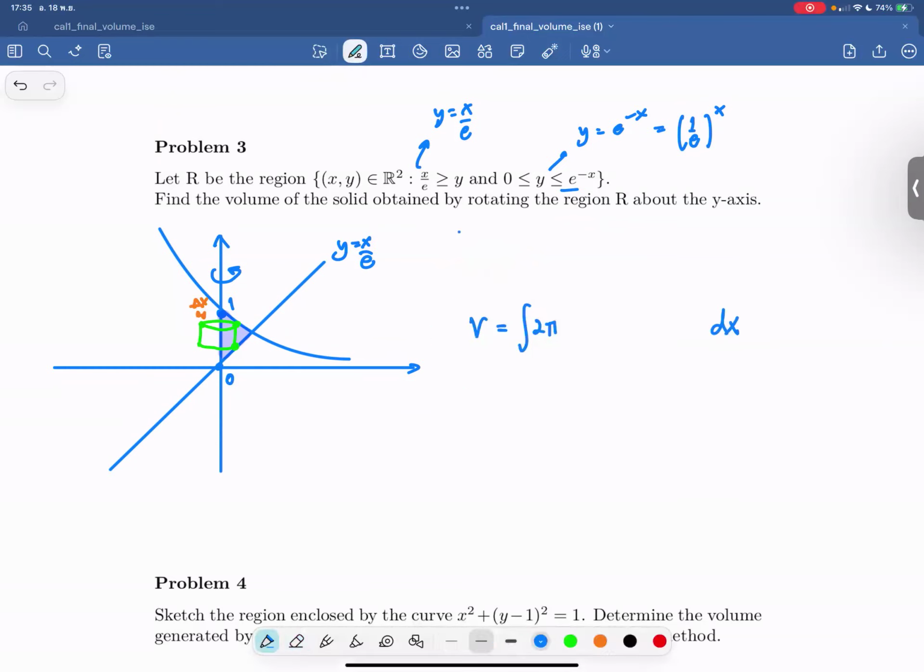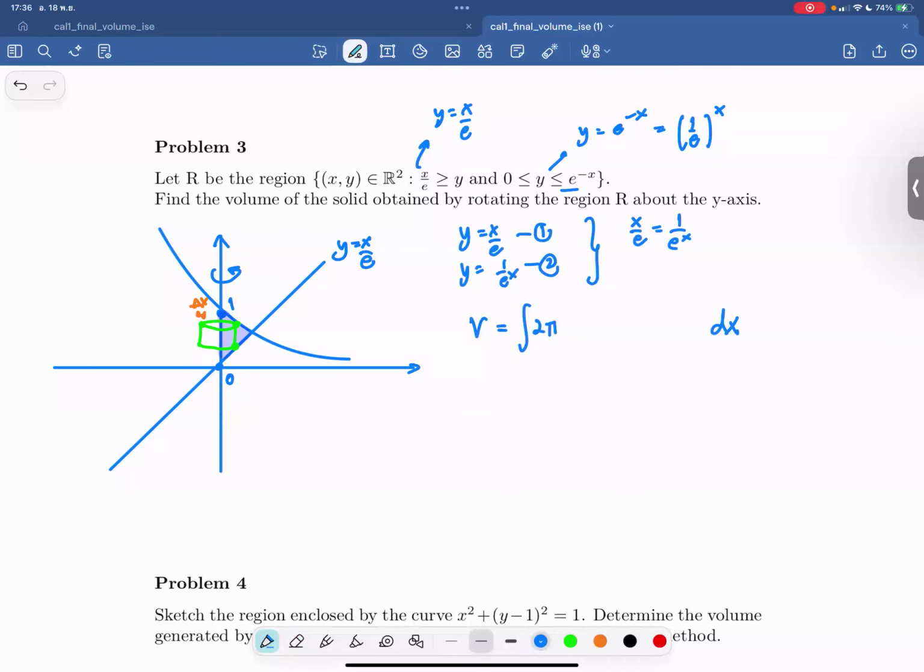So I may set the system: y equal to e power minus x as the first equation, and y equal to x over e as the second equation.